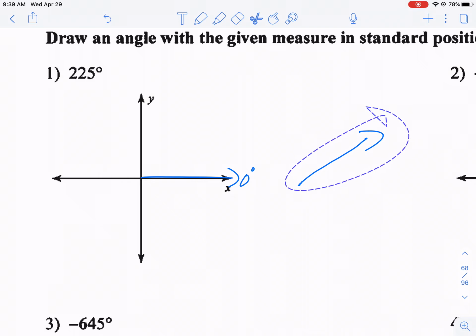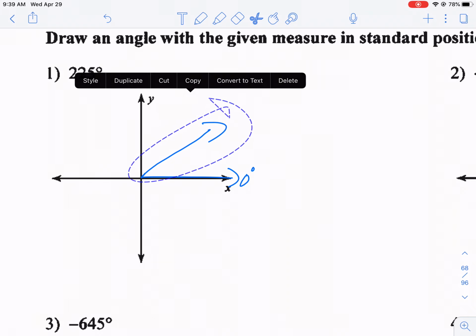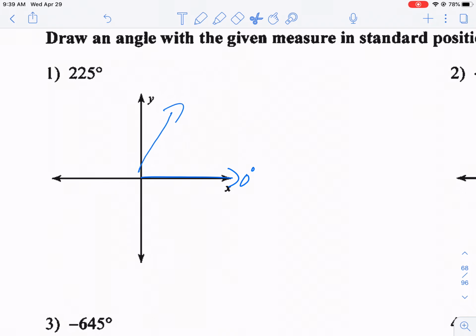And so we grab this ray and we place it, and the wider it opens, the larger our degree is. Once we get straight up, the second ray is straight up, that's 90 degrees.